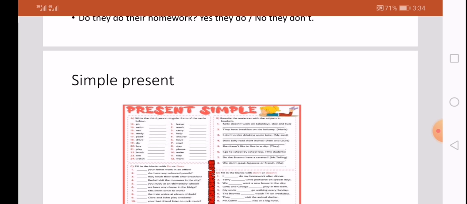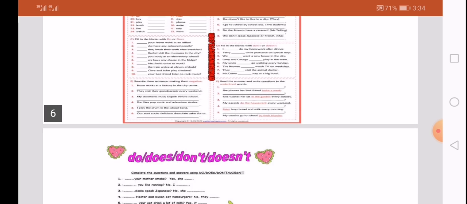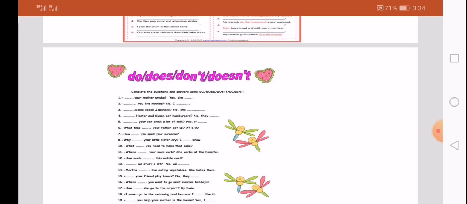So here I bring to you some exercises or drills. I want you to practice them more and more so as to fix in your mind the rule of present simple in the negative, in the affirmative, or in a question. You are going to find many exercises here. I want you to work out these exercises or tasks.